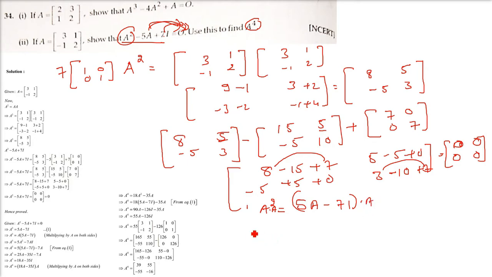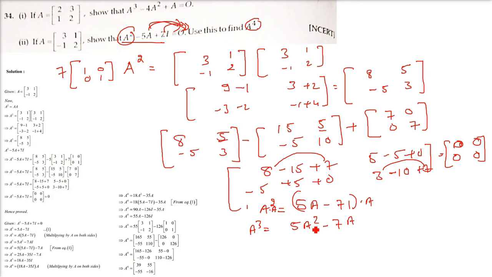So a cube will be 5a square minus 7 into a into I, which is already a. Don't write I, because anything multiplied with identity matrix will be the same matrix.